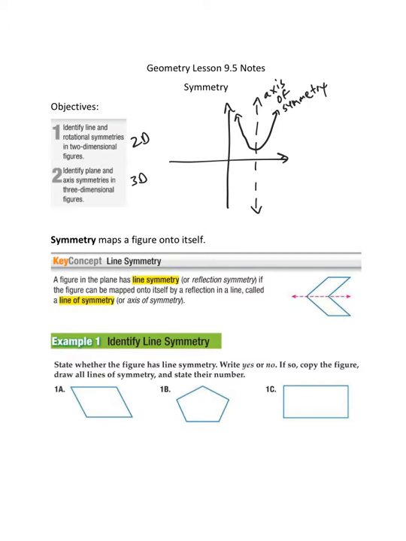The algebra behind it is just, again, the points. It saves you a little bit of work because points map across there. It's symmetric. It's the center of the parabola. Points reflect across it, okay? So this symmetry is what we're talking about when we talk about line symmetry, okay?